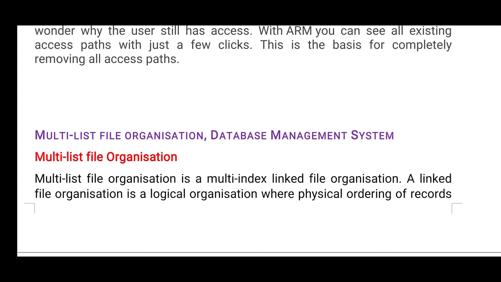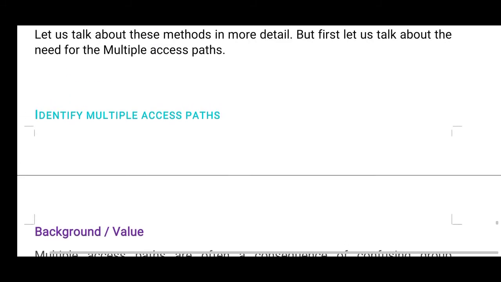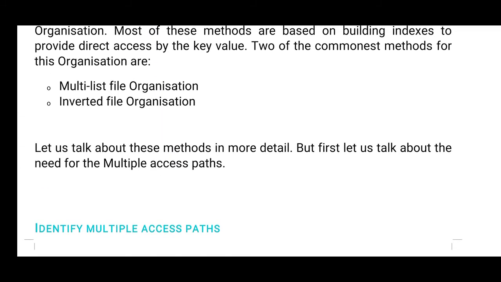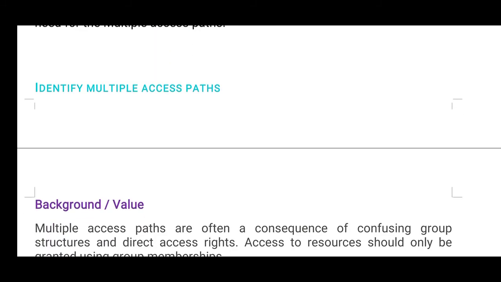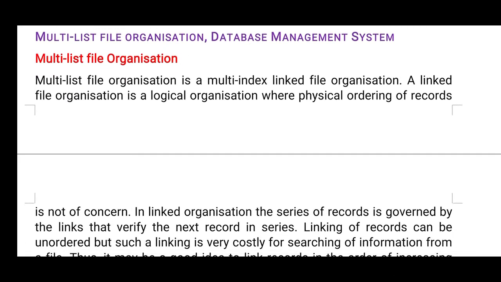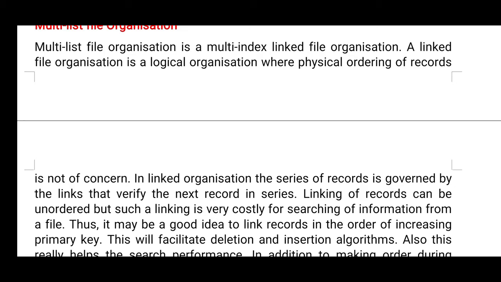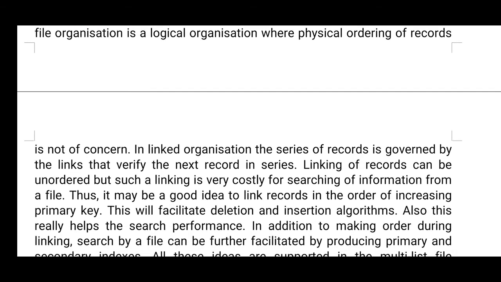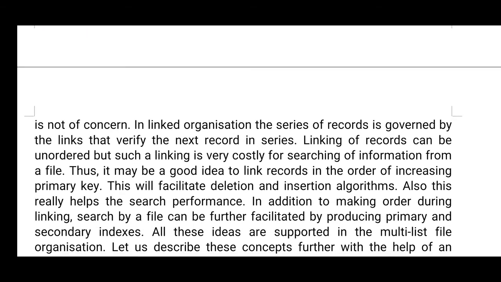Multi-list file organization. Here, multi-list file organization is a multi-index linked file organization. A linked file organization is a logical organization where the physical ordering of records is not a concern.